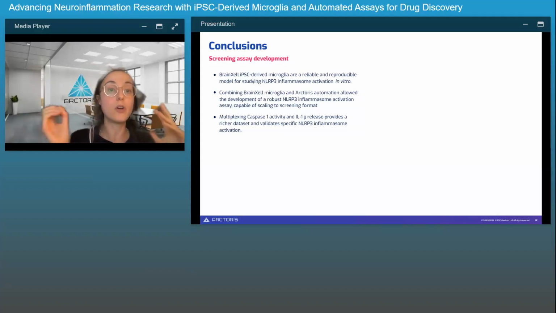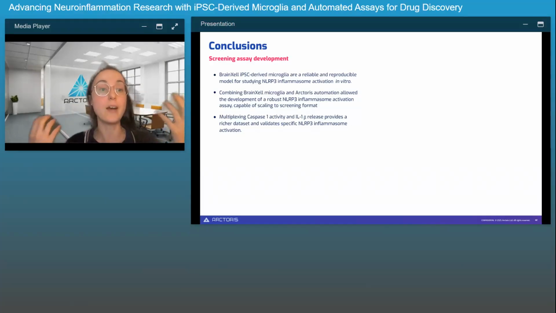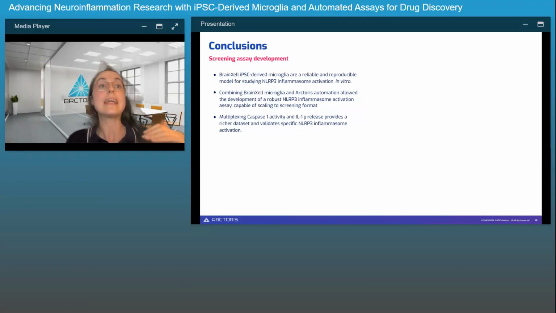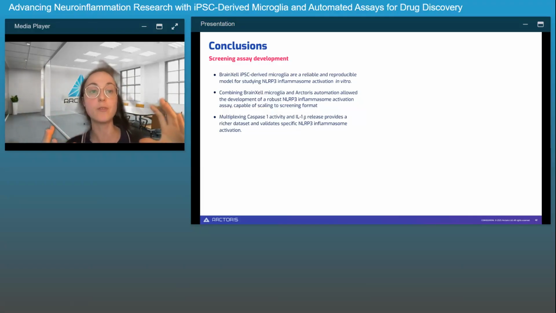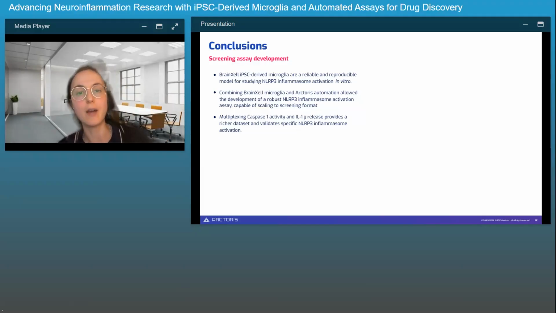Combining these cells with our automation platform at Arctoris, we've managed to develop an automated screening assay platform to screen compounds in an assay that has multiple addition steps in a very short period of time. It enables us to get a lot of data in a short amount of time, and to multiplex 2 different readouts, which validates the different hits we may find.